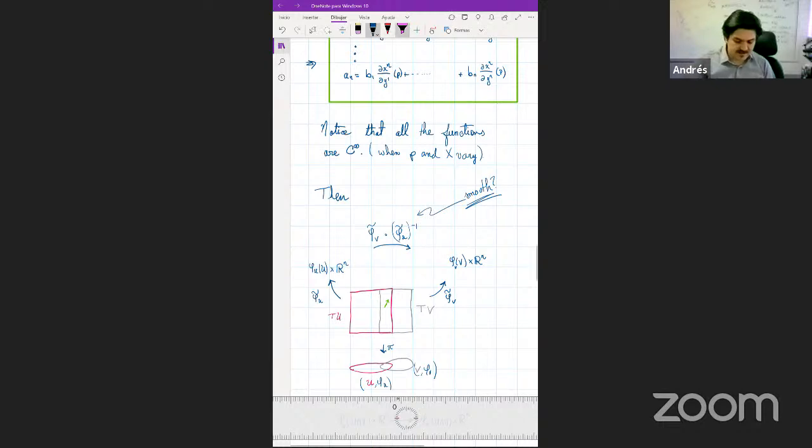Okay? From this to this, we know that that's going to be smooth because the charts U and V are compatible. So we only need to see what's going on here to here. And that's precisely what we did above.